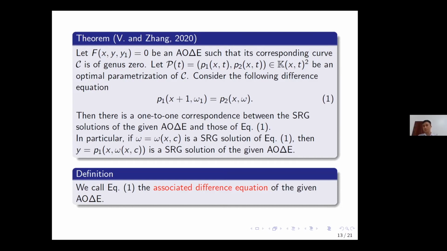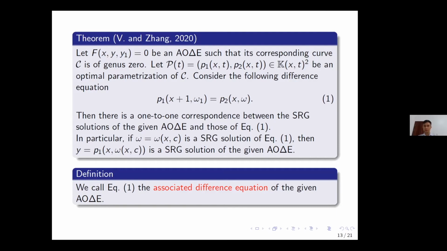The key difference between the differential case and the difference case is how complicated it is to solve the associated equation. For the differential case, when we reduce the given algebraic ordinary differential equation to the associated one, the associated one looks simpler and can be solved immediately.